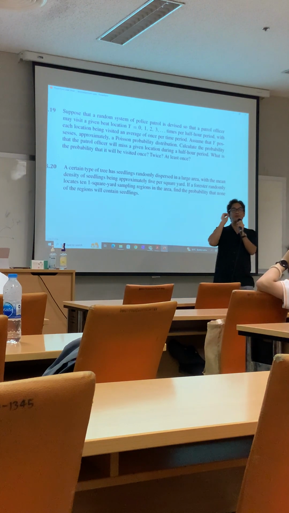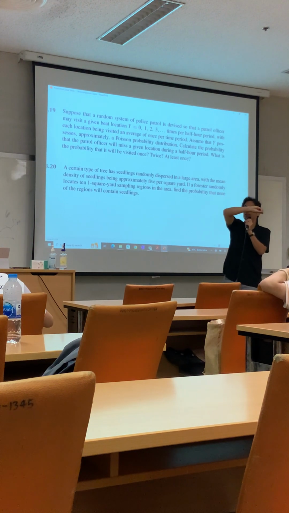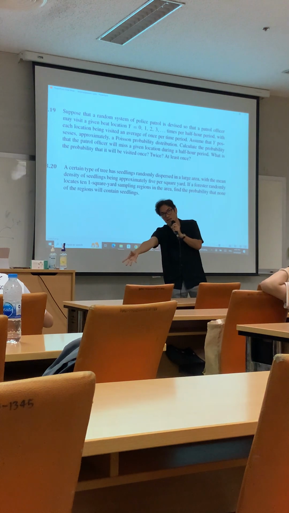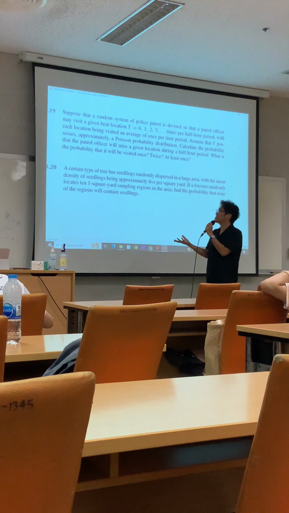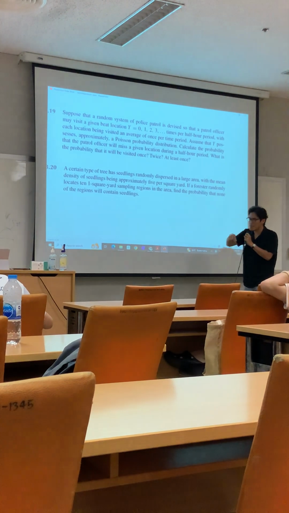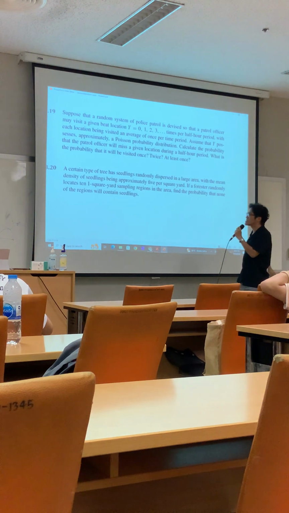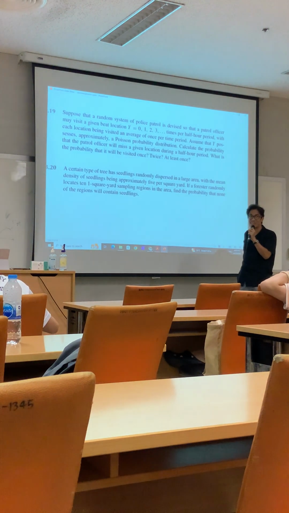So we have a tree, and the tree has seeds, and the seeds can float in the air and drop onto the ground, and then you have another tree. So what they say is that if I'm marking 10 one-square-yard regions, what is the probability that all of them have no seed from this tree at all?